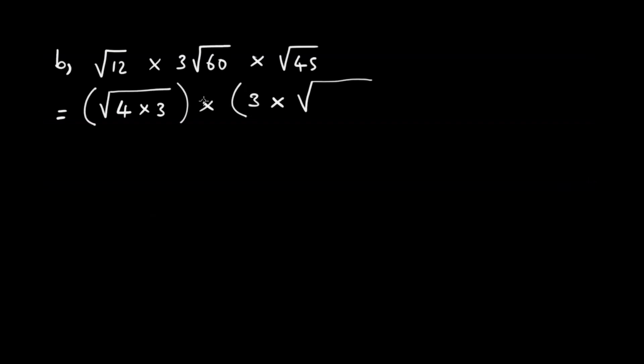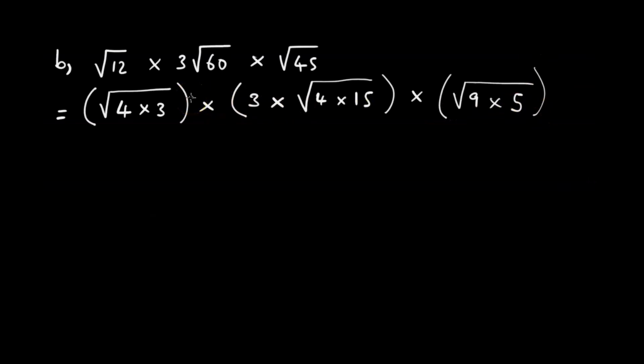No, 9 does not go into 60, but rather 4 times 15. 4 times 15: 2 times 15 gives 30, which means 4 times 15 gives 60. So that is 4 times 15, and for 45 it's 9 times 5.